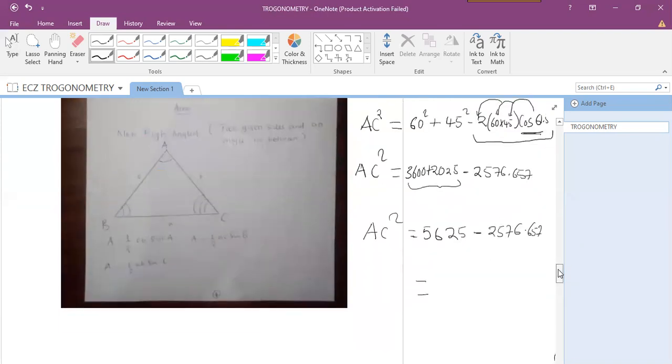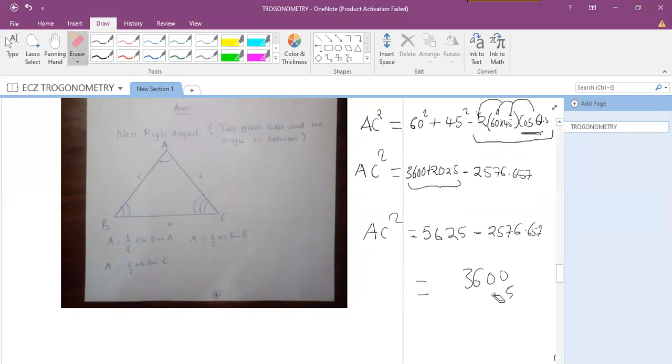Hold on. Let me add it here. 3,600 plus 2025. It's 5625. This has 2 zeros. So try adding it again. 3,600 plus 2025. That would be 5, 2, 6, 3, 4, 5. Okay.